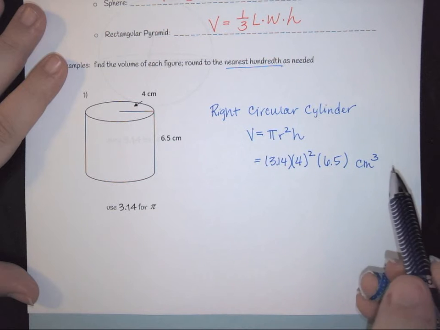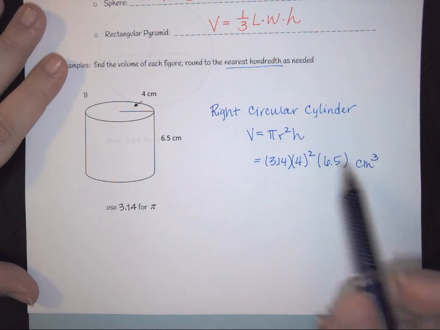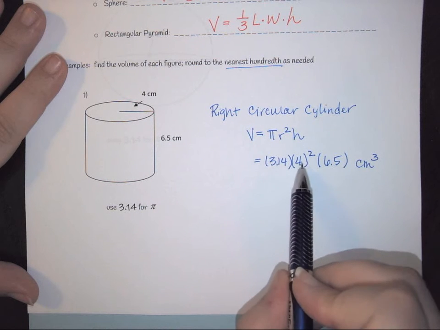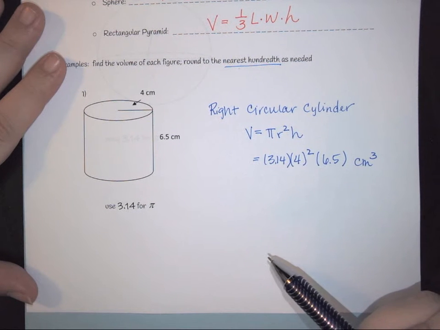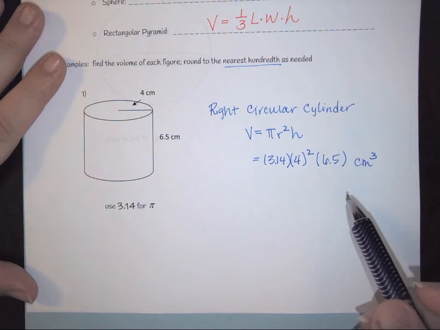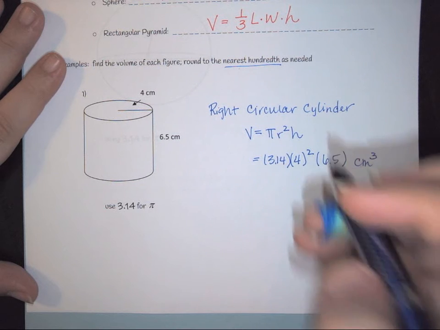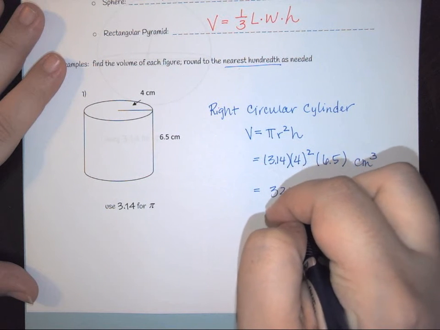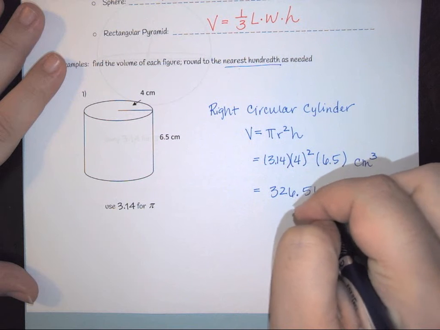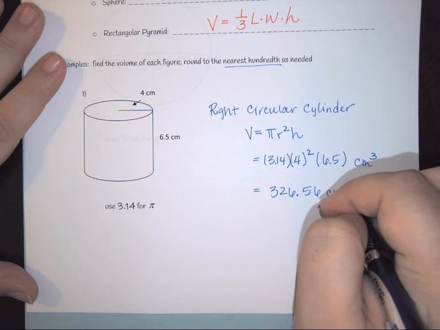Now notice it's cubed because I'm doing 3 of them. So 2 comes from squaring, 1 comes from the height, thus gives me 3 altogether. Multiply that all out, and we're going to end up with a volume of 326.56 centimeters cubed.